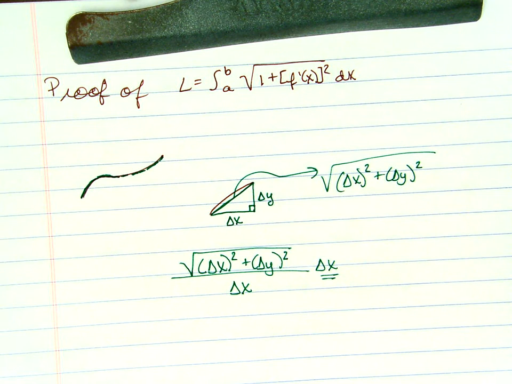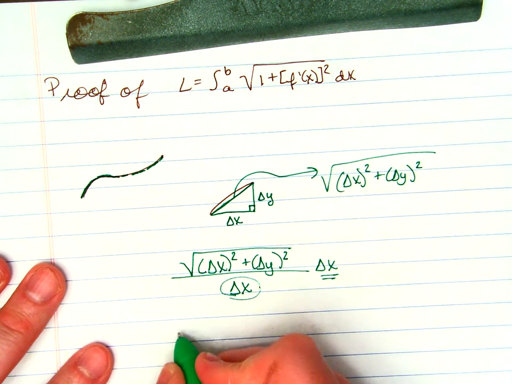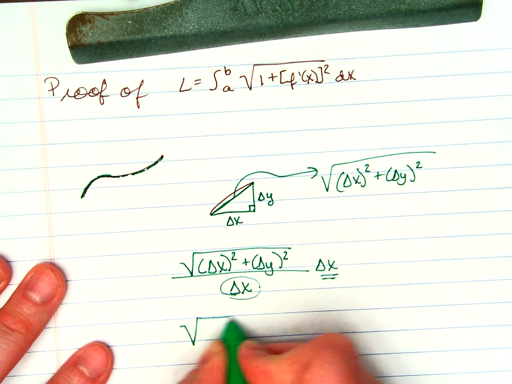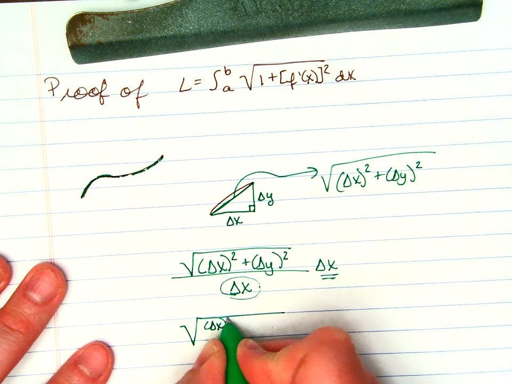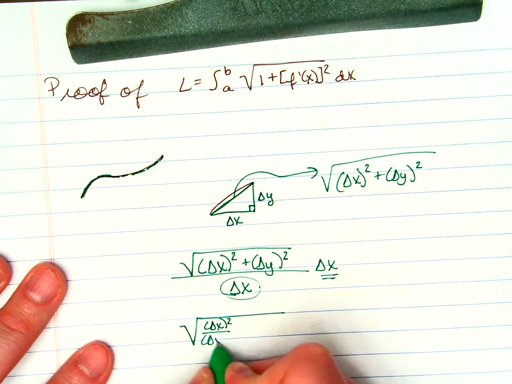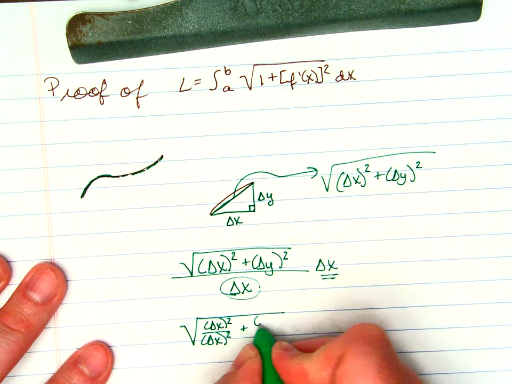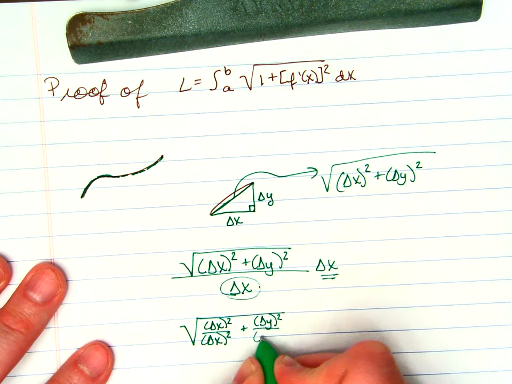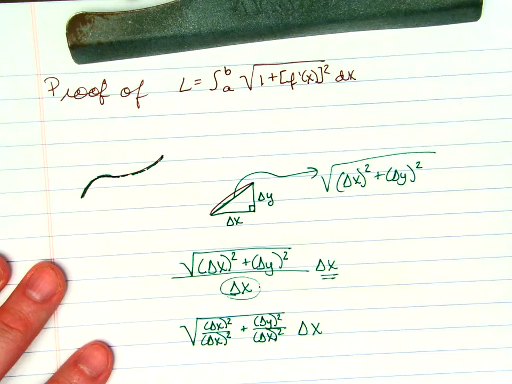Let me keep going with this. This delta x, I could put under my square root as delta x squared. And I can say delta x squared over this thing under my square root would be another delta x squared. Then I have delta y squared. I'm putting that under the square root with my delta x at the end.